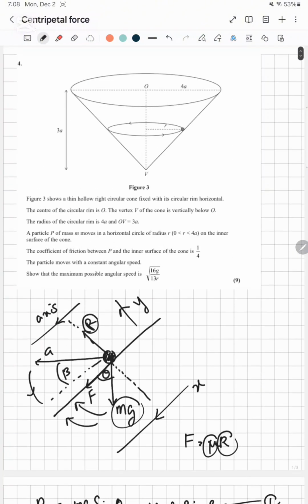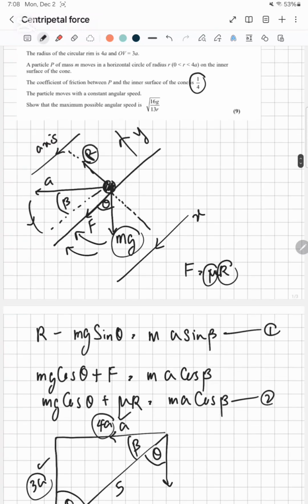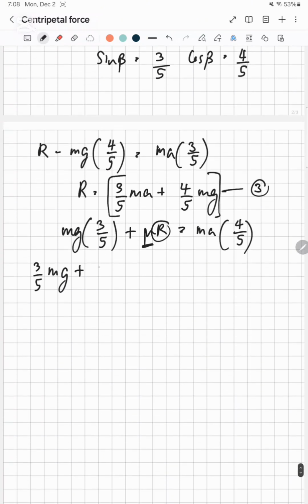The question says the coefficient is 1 over 4. So write 1 over 4 into 3 over 5 ma plus 4 over 5 mg equals to 4 over 5 ma.